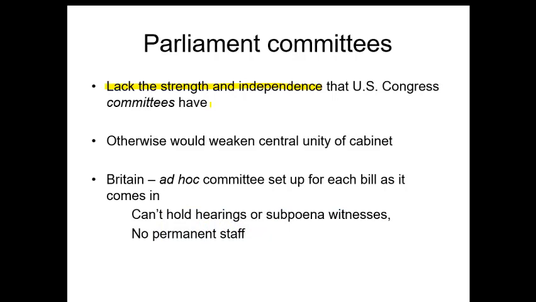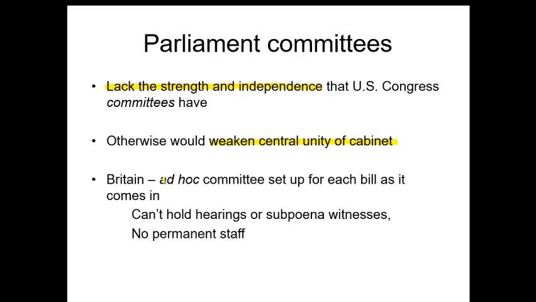As we said before, the vast majority of bills fail to even get out of committee. So there's a lot of work going on in the committees. However, the cabinet does the bulk of that job in the parliamentary system, because otherwise, putting the burden on committees would weaken the central unity of the cabinet. That's the most powerful feature of this parliamentary system: if you elect a party to be majority control, then they build their cabinet and then they control government with not a whole lot of opposition to speak of.